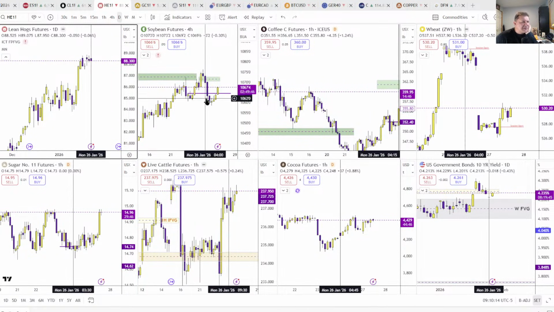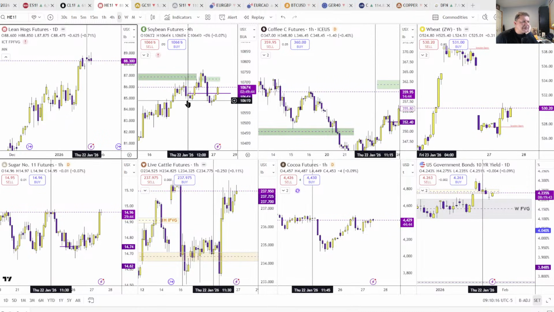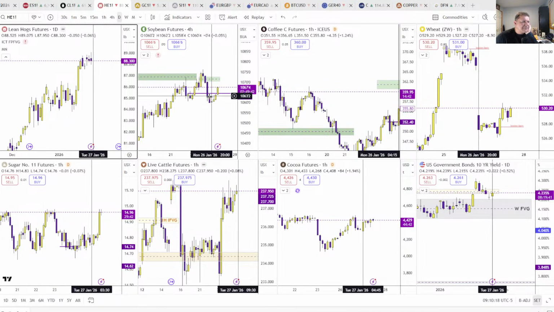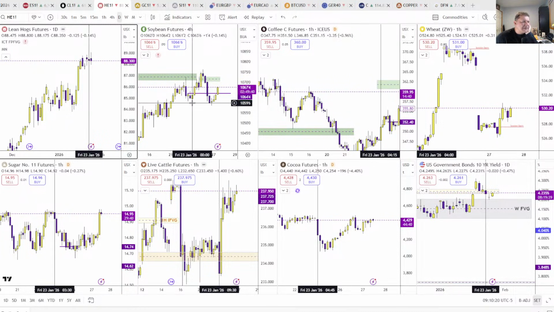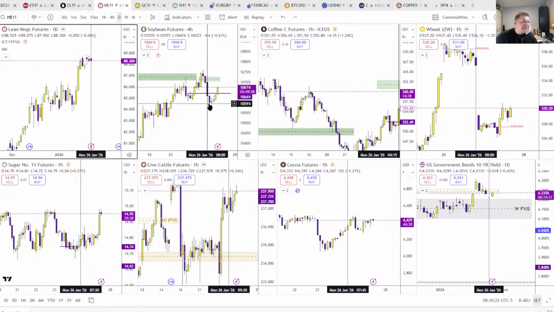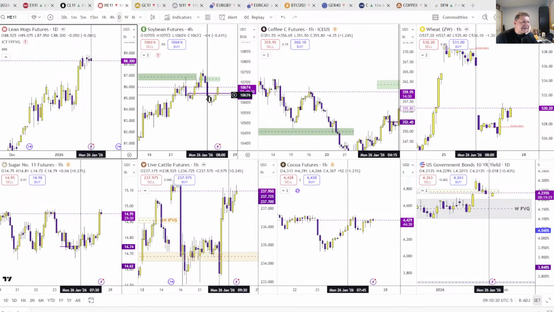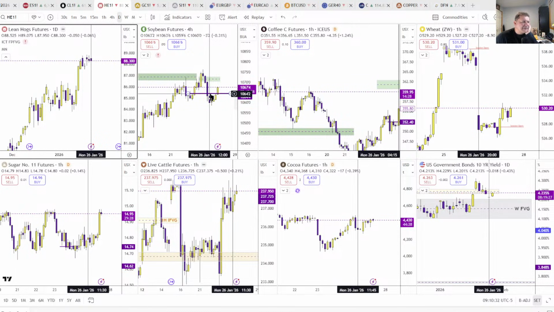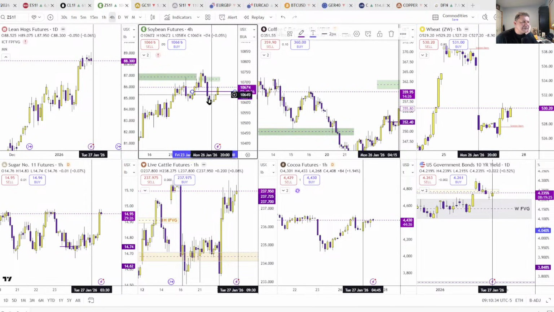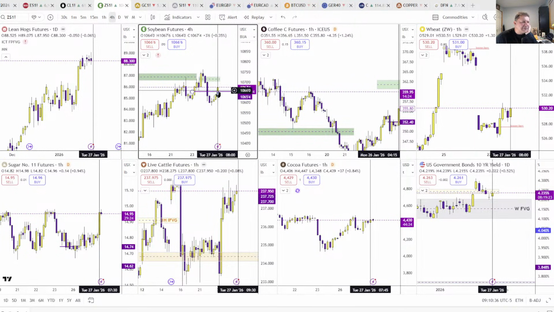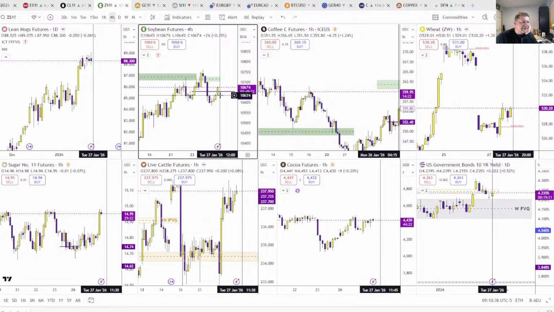Yesterday, soybeans closed below that level, so we look for a run on the liquidity. It ran that out. And now we've got another run back inside this range again. I'd like to see that come back down into here at some point today, the next 4 hours or so.